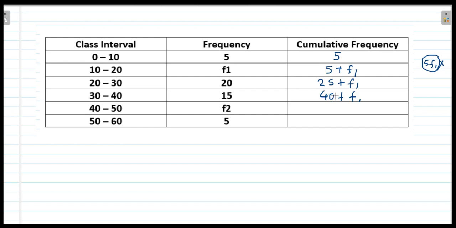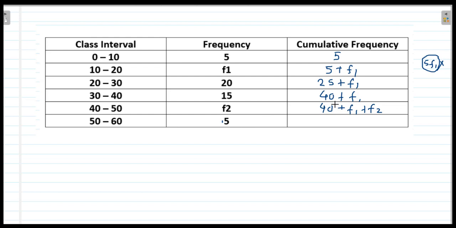Now we will add this cumulative frequency to the next frequency, that is F2. Again one more unlike term is there, so we will keep it separate. So that addition will be 40 plus F1 plus F2. And here we will add 5 to this to get the next cumulative frequency.